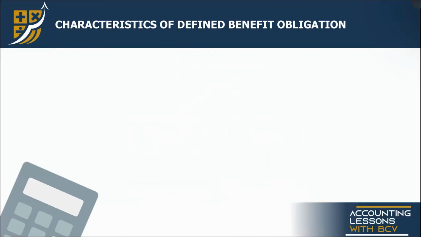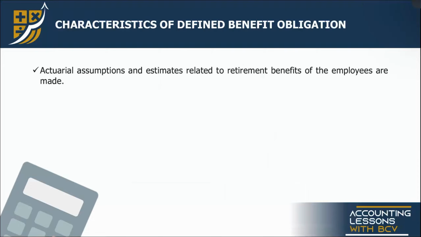Okay. So now, let's focus on defined benefit obligation. What are the different characteristics of defined benefit obligation? Number 1, actuarial assumptions and estimates related to retirement benefits of the employees are made. Di ba nabanggit natin sa previous lecture video, pag defined benefit plan, we are going to utilize actuarial assumptions.